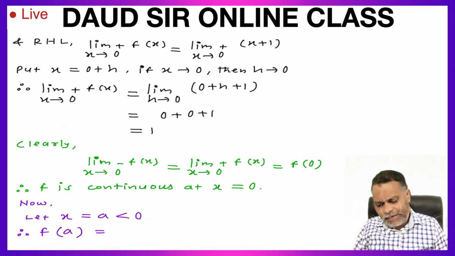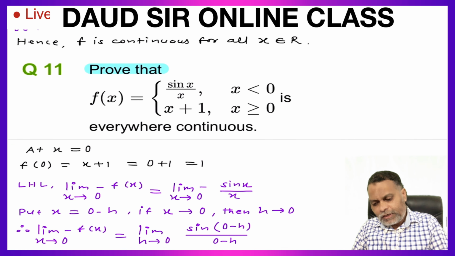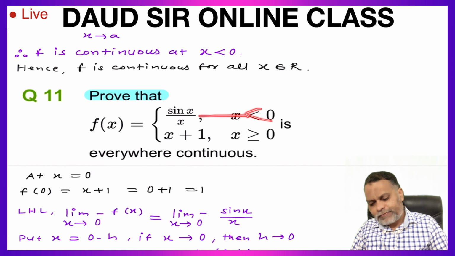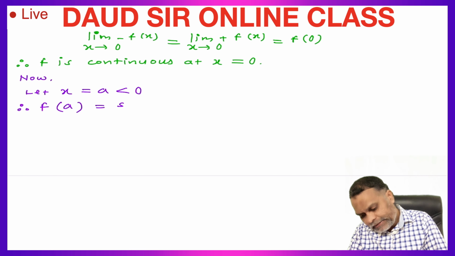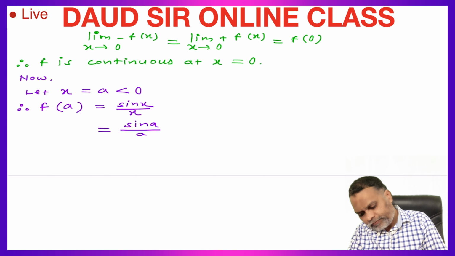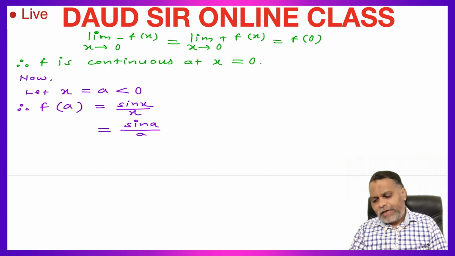where x is less than 0, so take this function sin x upon x. Put x is equal to a, so it is sin a upon a.